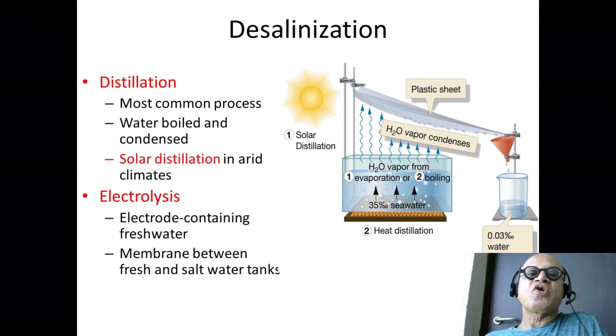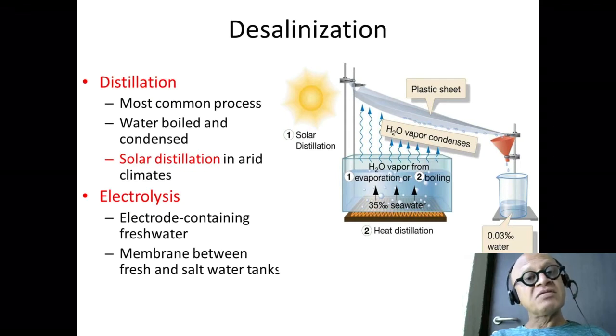There are various processes by which desalination is done. Distillation is the easiest way to just remove water and leave the salt behind, but this can obviously be very expensive if you have to produce large amounts of fresh water for people.